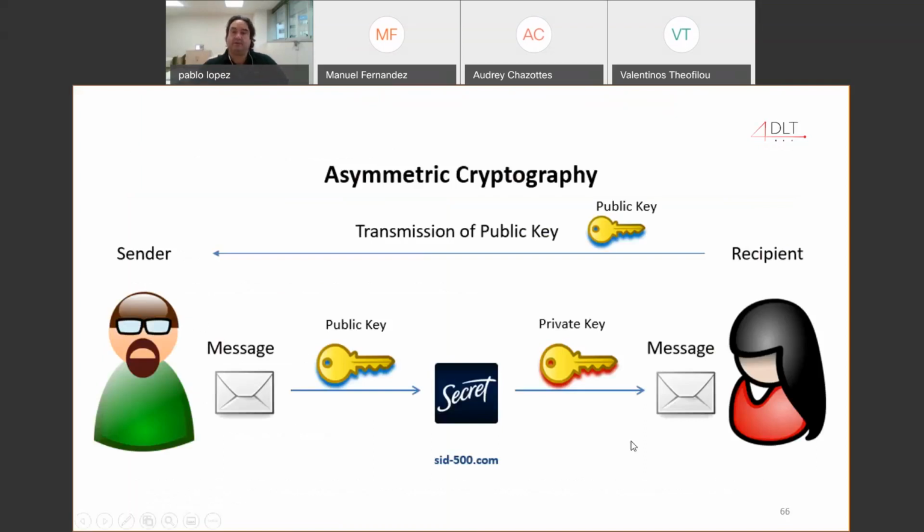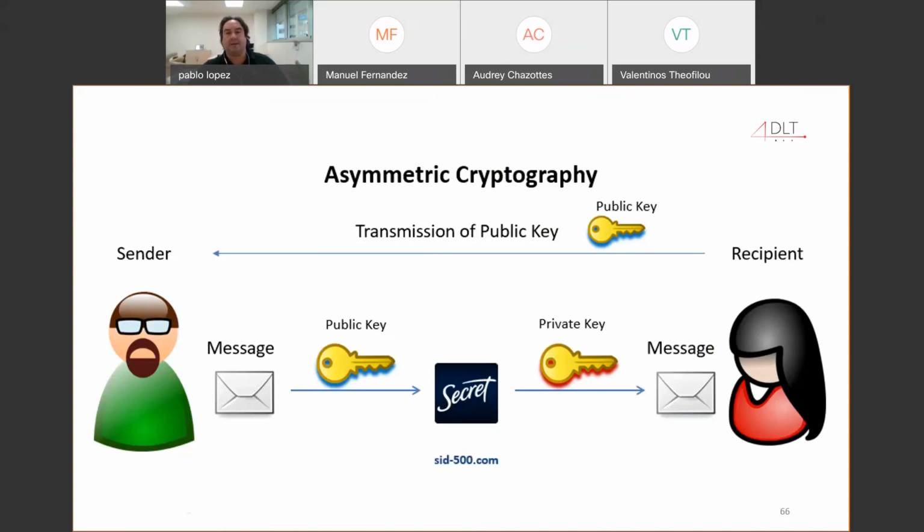The process is, as we can see here, a sender and a recipient. The recipient sends the sender the public key. The sender encrypts the secret message that she wants to send with the public key, and with the private key, the recipient can read the message.